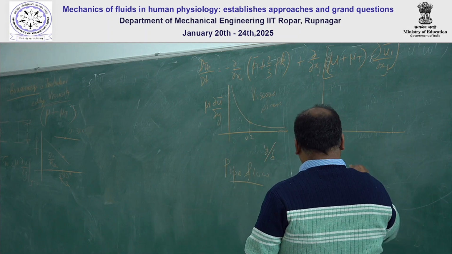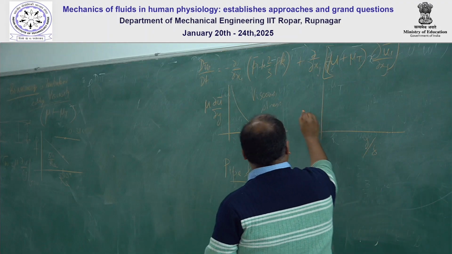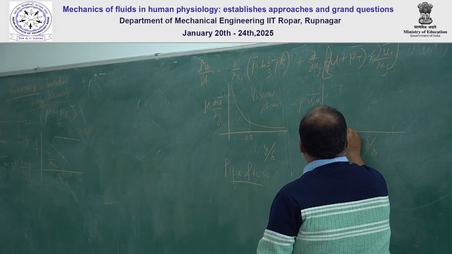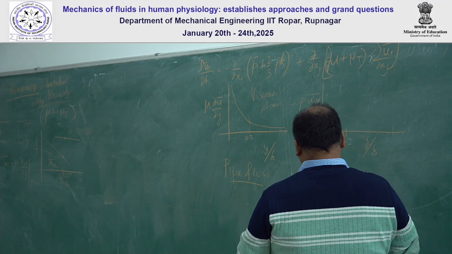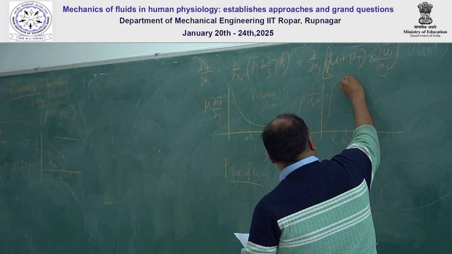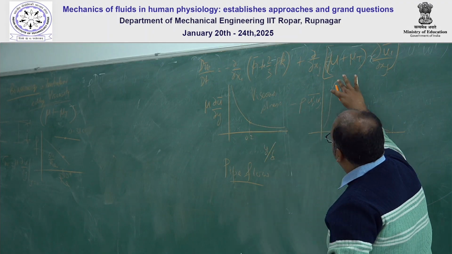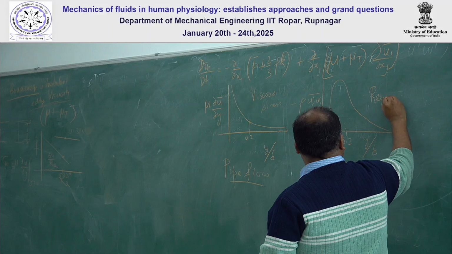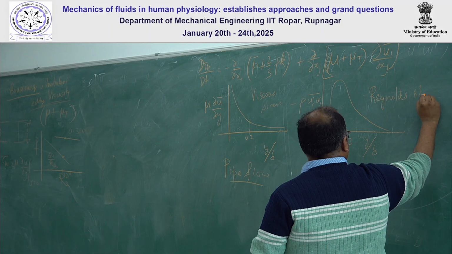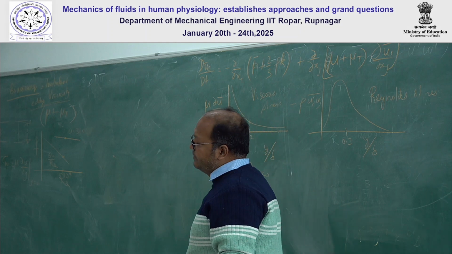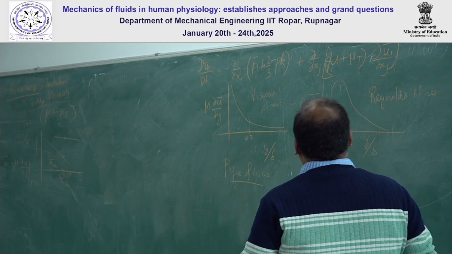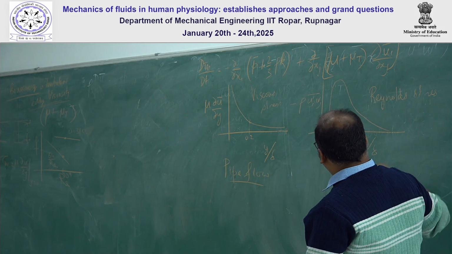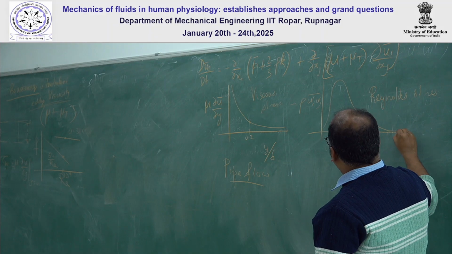And the Reynolds stress part, y by delta, let's write it like this: minus rho u_y' u_x'. So this is again 0.2 here. So this roughly looks like this. I am not sure about the exact peak position, but what happens in the case of the Reynolds stress is that it is very minimal very near the wall, and then a little bit away from the wall it picks up, and then, just like the viscous stress, it falls down as it goes towards the center line.